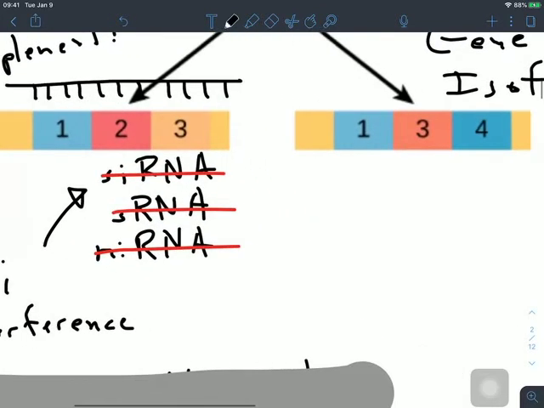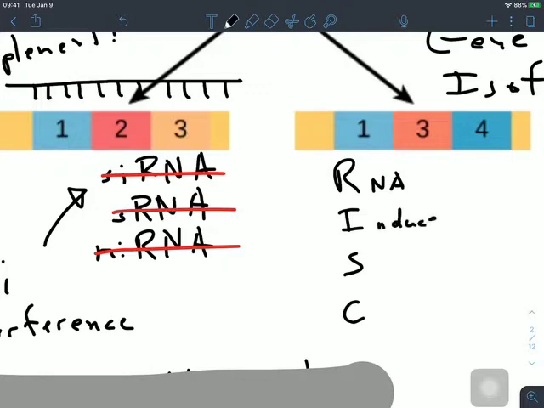It gets broken down by something called the RISC, or the RNA-induced silencing complex.